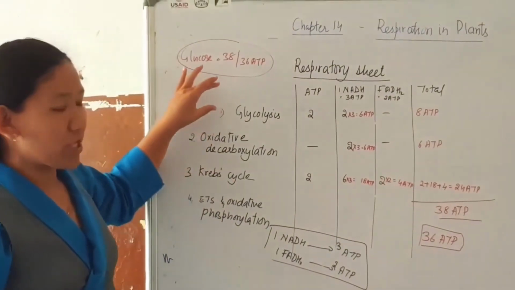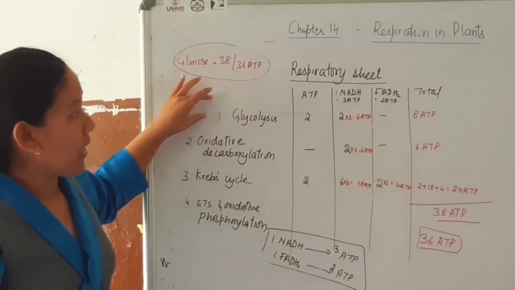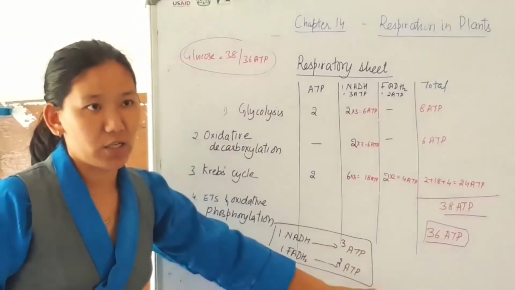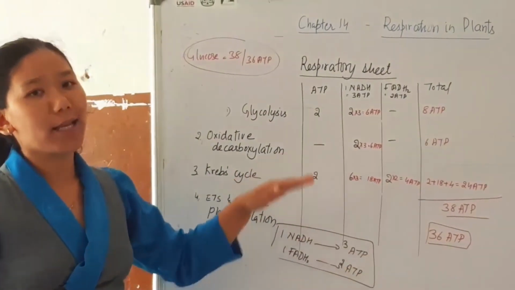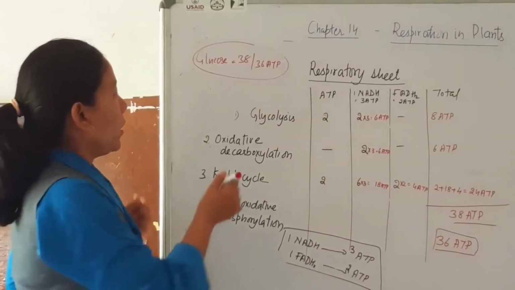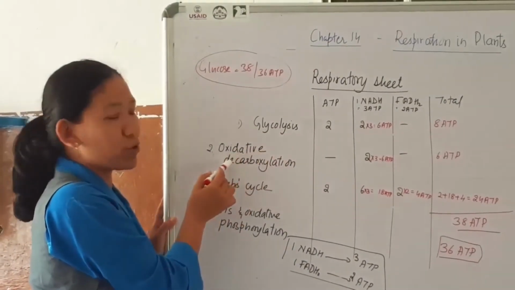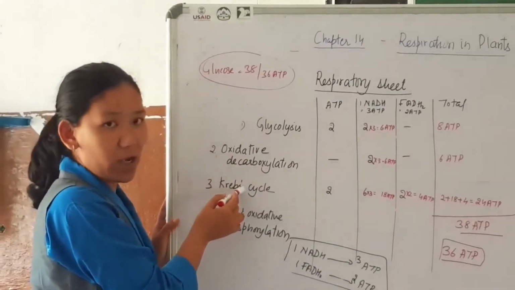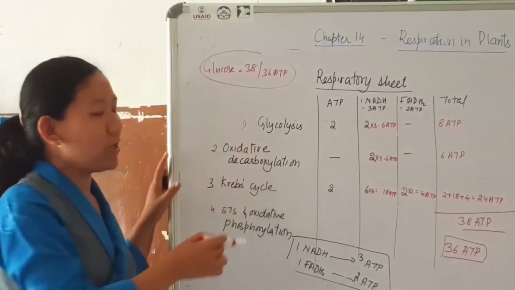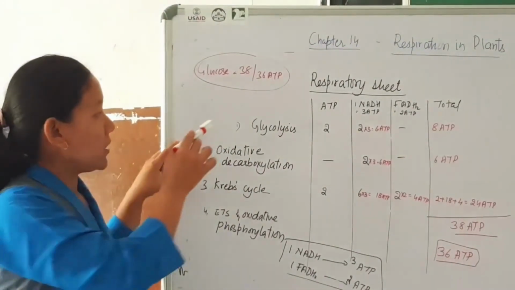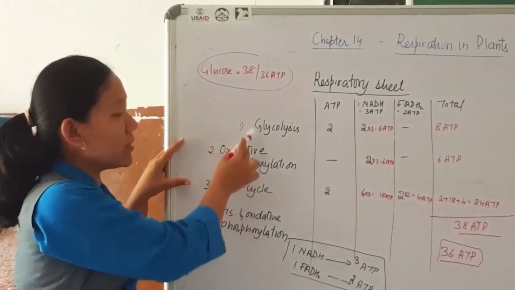If glucose is the respiratory substrate, then you might get this result. That is the first thing. And second one is glycolysis. After glycolysis, this step should occur, and then this here. So it is again assumed that it occurs in these steps.